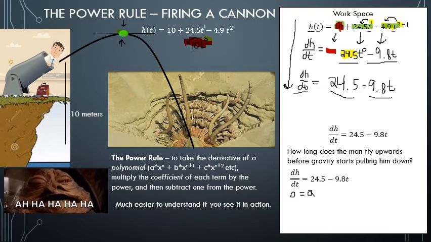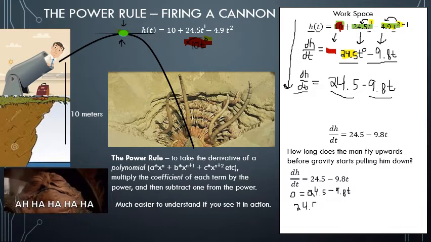And 24.5 minus 9.8t equals 0. So then we use algebra to solve for t. I'm sorry, it's not going to look neat because I'm still trying to write with my mouse here. So it's going to be a little sloppy, but you guys get the point.